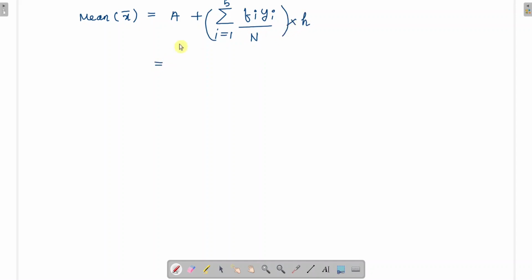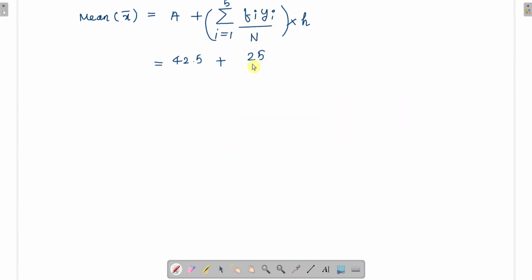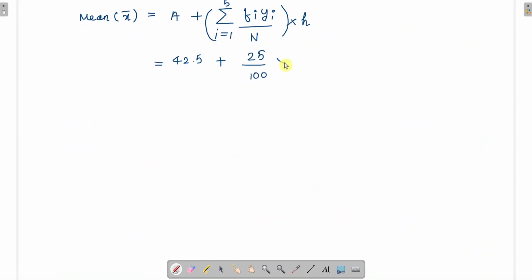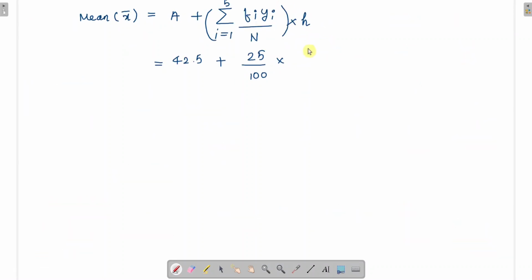Okay, so assumed mean is 42.5 plus summation fi yi is 25, then capital N is 100 into h is 4, right, common factor here, so 4. So this is equal to 42.5, now 25 ones are 25, 25 4s are 100, 4 ones are 4, so plus 1, that will be equal to 43.5.